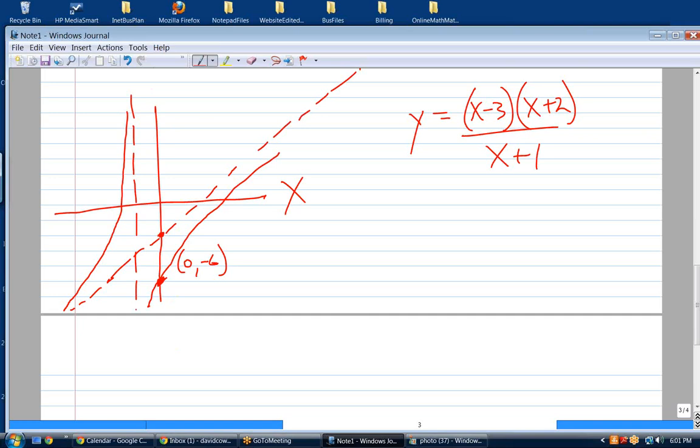Is there any y value that this function cannot be? No. So the range is all reals, negative infinity to positive infinity, because there's no horizontal asymptote. So there's no barrier.